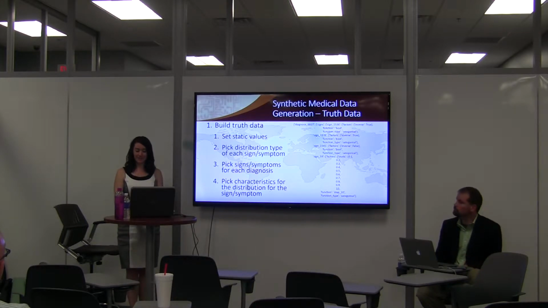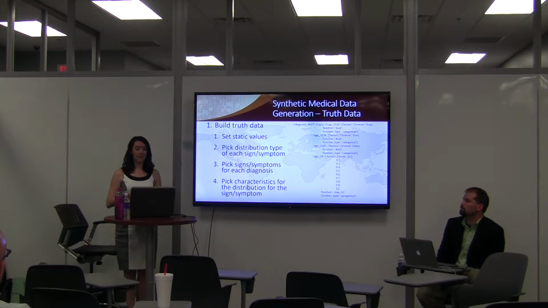So the first thing we did was to set a static value, which meant we had to determine how many signs do we need, how many symptoms do we need. We had to determine how many of those signs and symptoms would be true and look at how they were distributed, then take some signs and symptoms and attach them to actual diagnoses.